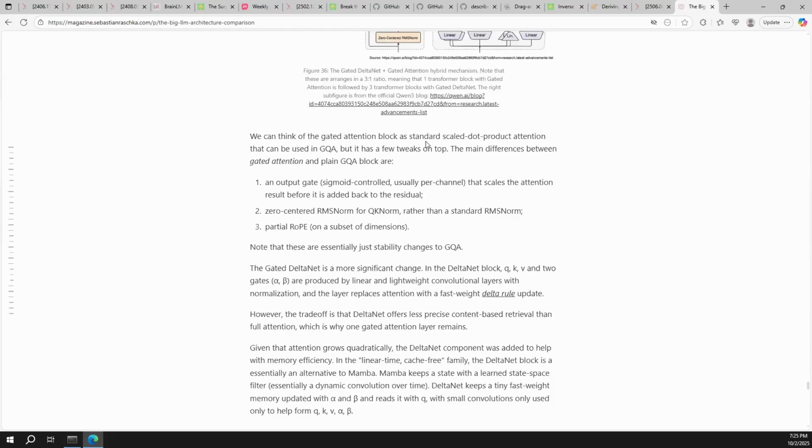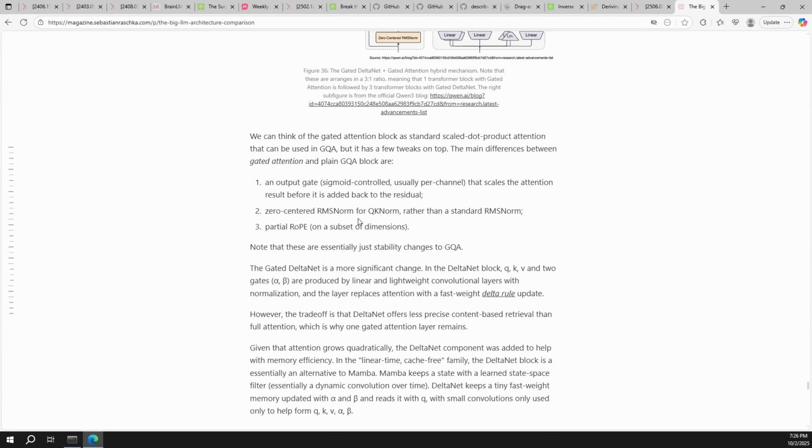We can think of the gated attention block as a standard scaled dot product attention that can be used in GQA, but has a few tweaks. The main differences are an output gate that scales the attention result before it is added back to the residual. So that just means that we can attenuate the signal, so you can proportionally quiet the attention.